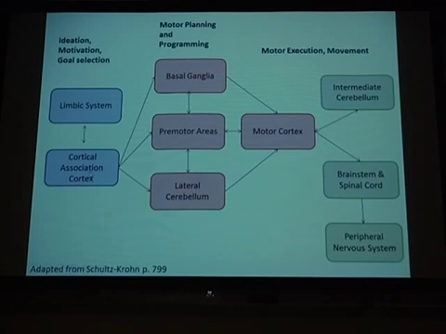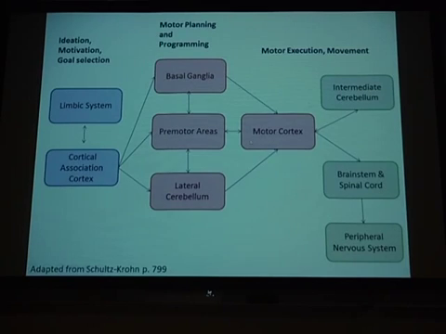Even though the limbic system and association cortices project to these areas and give information about what we want to do, there's parallel processing, in that information is sent to a variety of areas and resent back to refine motor programs as we go. So it's not just step by step. There's distribution across different areas of the brain, and eventually it hits our lower level centers, the brainstem and spinal cord, to execute the motor movements in the periphery.